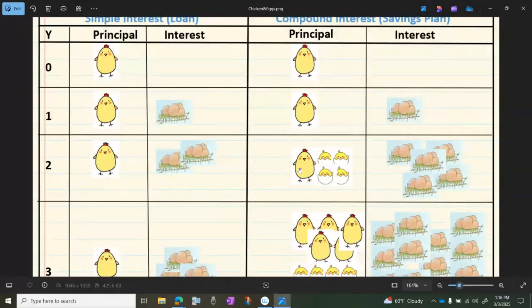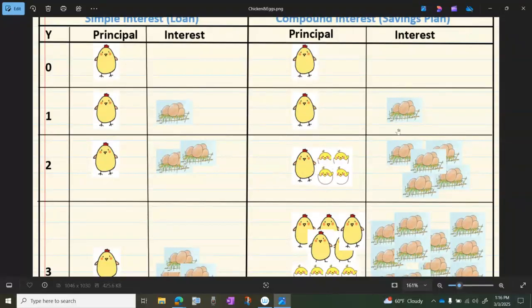So during year 2, since you have 5 chickens, and each chicken gives you 4 eggs, the 5 chickens give you 20 eggs, right? That is just the interest over year 2. And the 4 eggs from year 1 turned into chickens, so you don't have those eggs anymore, but you have more chickens.